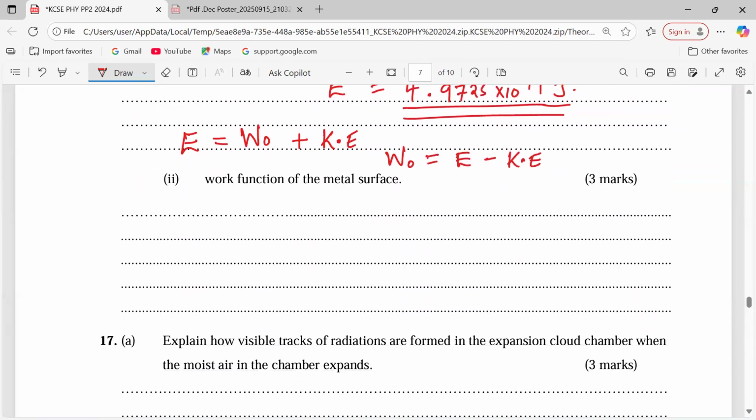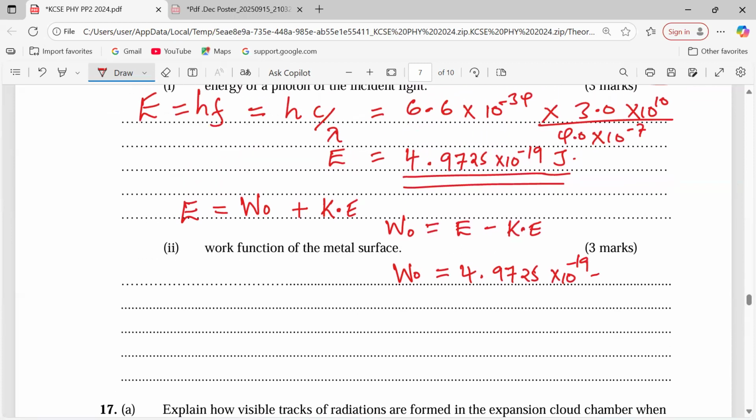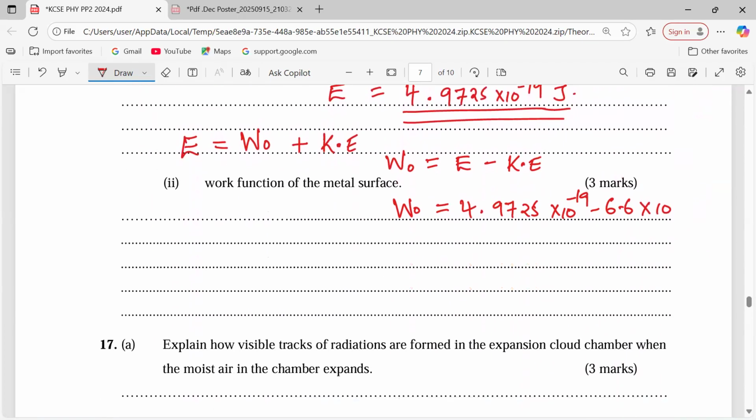So we need 4.9725 times 10 to the power of negative 19, minus 6.6 times 10 to the power of negative 20. This is all energy, in joules. So this gives us 4.3125 times 10 to the power of negative 19 joules. This is the work function of the metal.